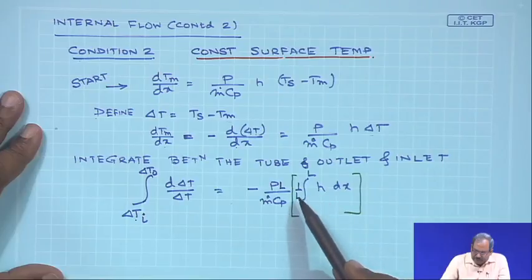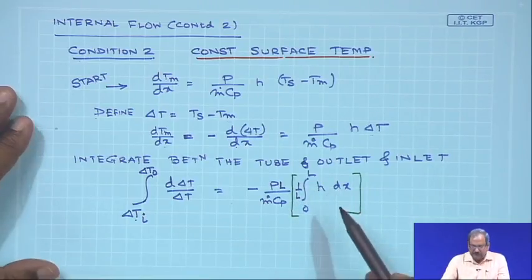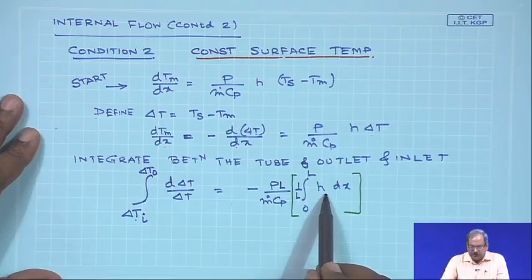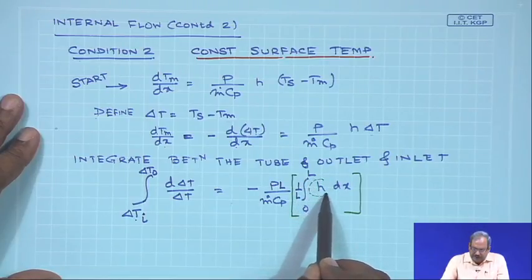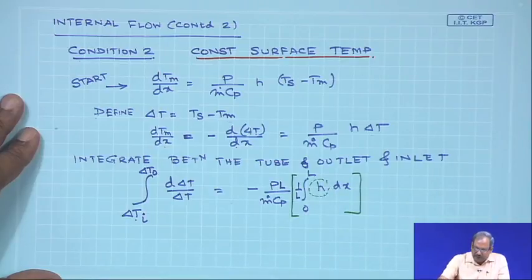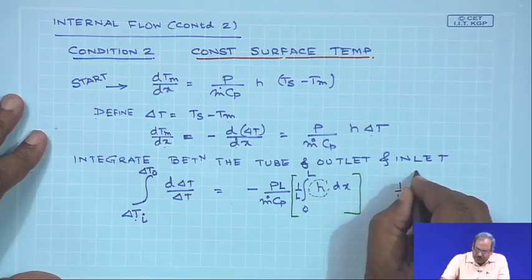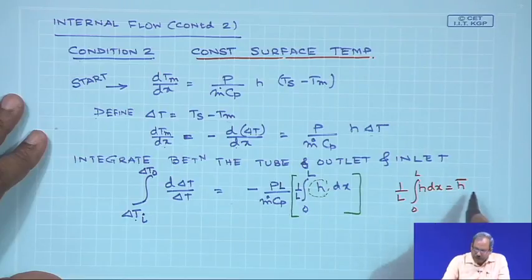Now, when you see this 1 by L integral from 0 to L of h dx, what does this tell you? This is the classical definition of a length average quantity, and the quantity in question here is h. Therefore, 1 by L times the integral from 0 to L of h dx is nothing but h bar.